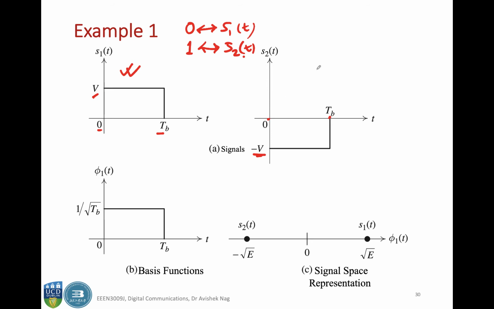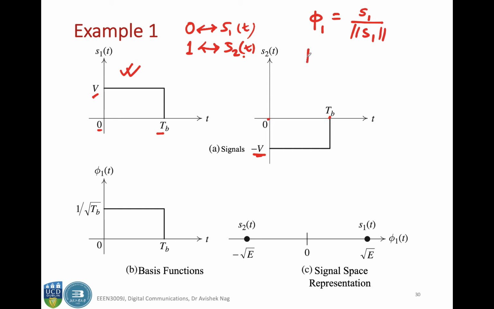You have to find the basis functions for this. The usual way is that the first step is your phi 1. If you recall from the Gram-Schmidt process, this is S1 divided by the norm of S1. So what is the norm of S1?